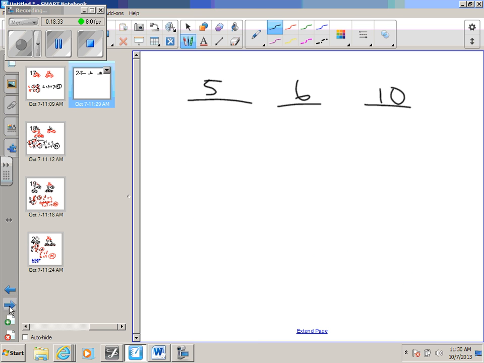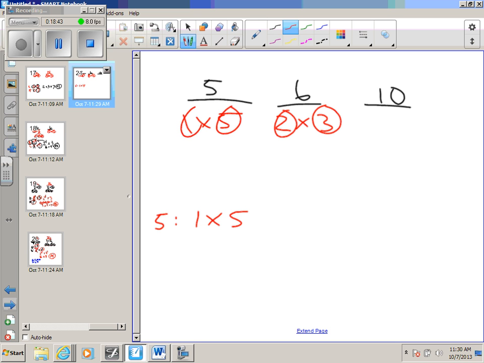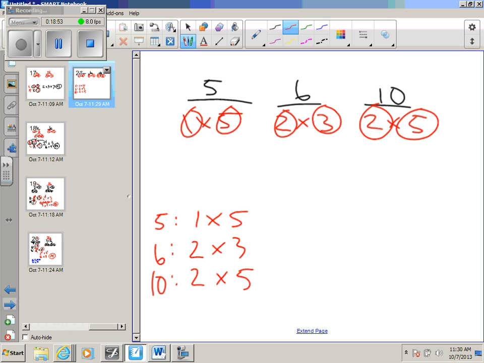Now, 5. Prime. 1 times 5. 6. 2 times 3. 10. 2 times 5. Now, 1. Let's just cross that 1 out, right? That's not going to make any difference.